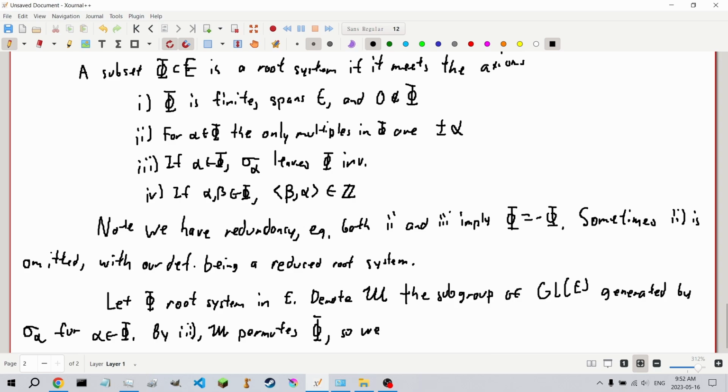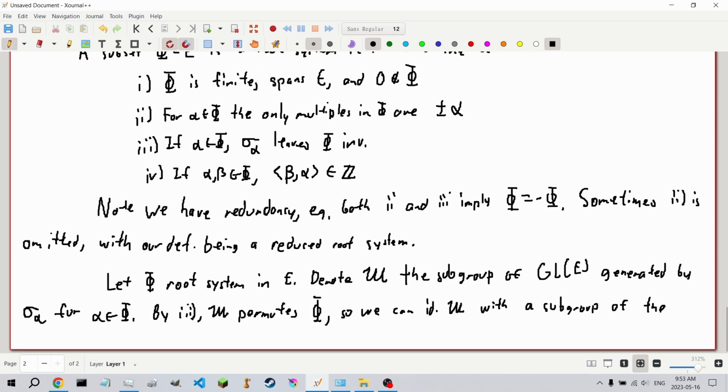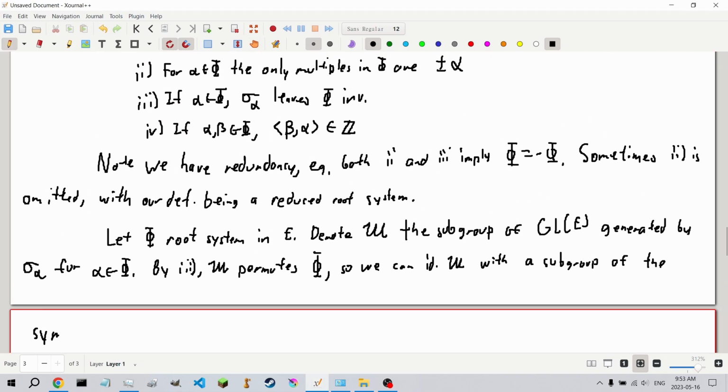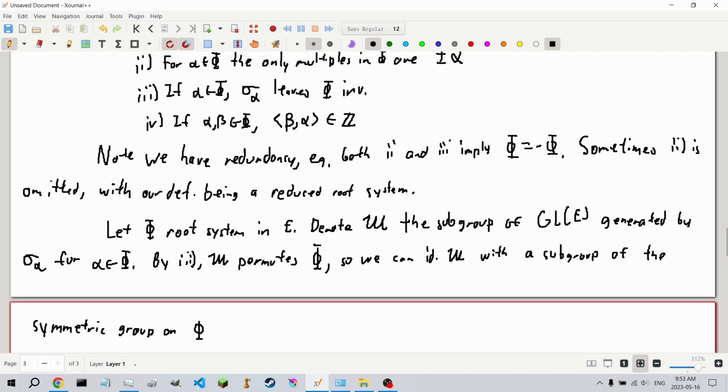So we can identify this W with a subgroup of the symmetric group on phi, giving us that this W is finite.